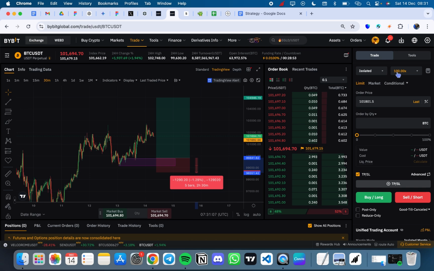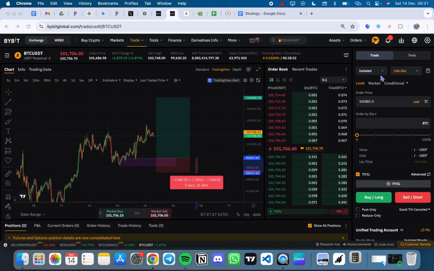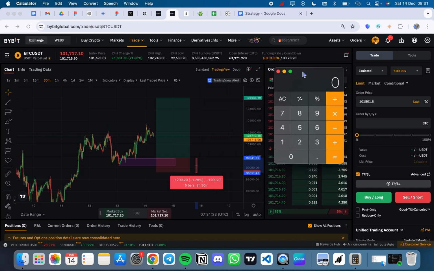If we use a 100x leverage, let's come to the calculator. I want to show you the exact level of where our liquidation price will be. Remember, when we use isolated, we have to take note of our liquidation price. The very important thing here is I want to make sure that my liquidation price is not within my stop loss.